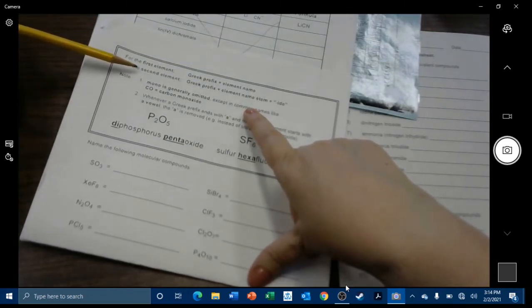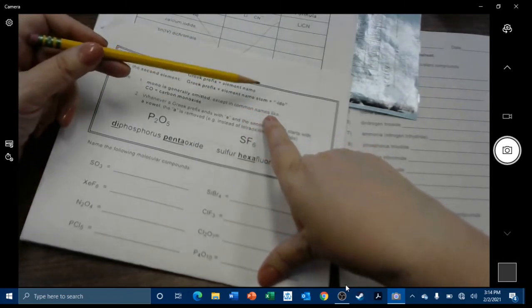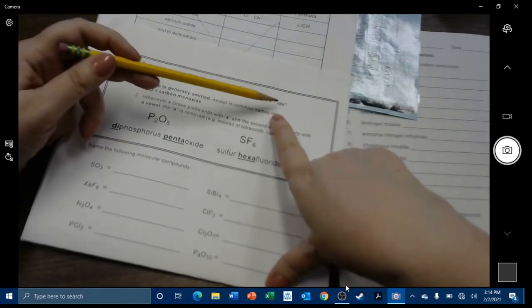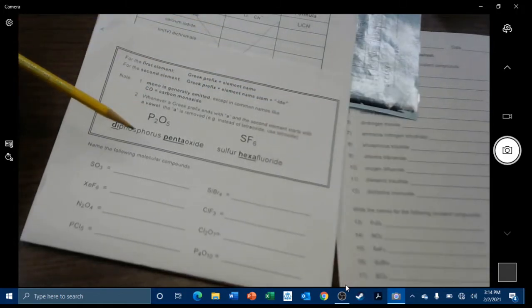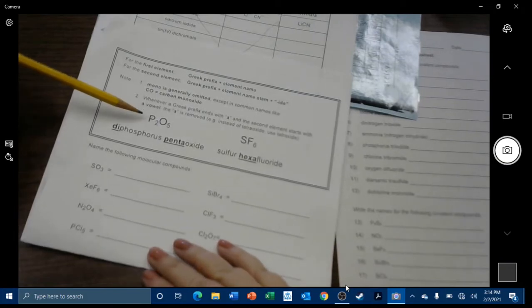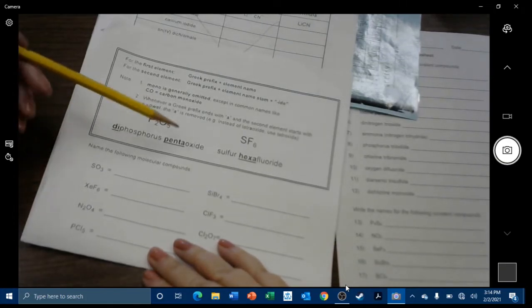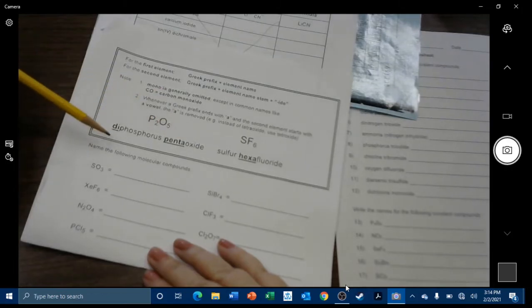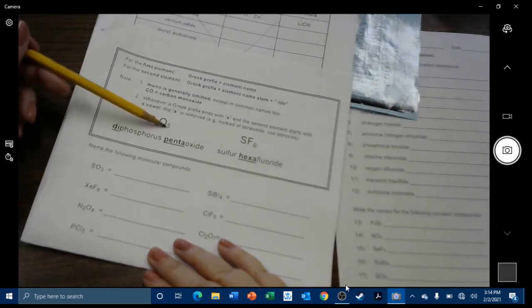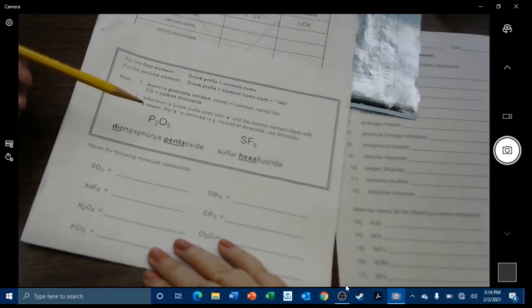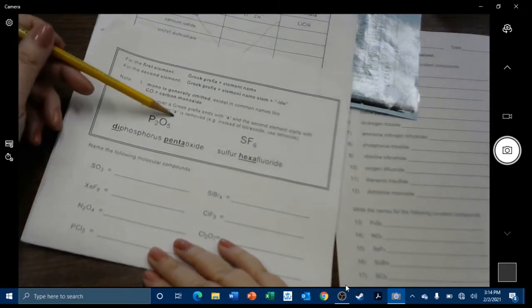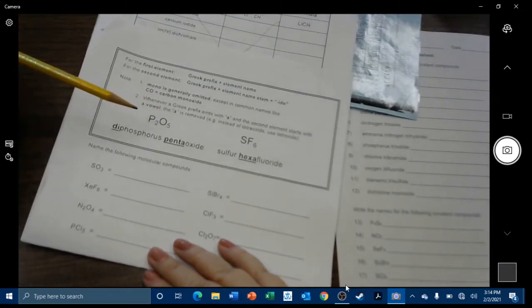The second element is the Greek prefix plus the element name and IDE. In this case, the example is diphosphorus pentoxide. The way you know which prefix to use is by these numbers right here. All the numbers are going to be subscripts. There's going to be no numbers up in the air right now.